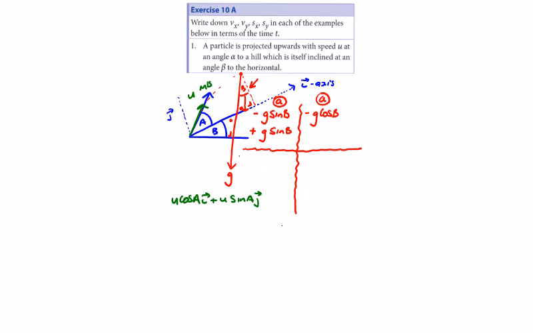So my velocity in the i direction is equal to u plus at, so the u cos A, my acceleration minus g sin B, times t, and then in the j direction it's going to be u, which is u sin A, minus the acceleration g cos B, times t. There are my velocities.